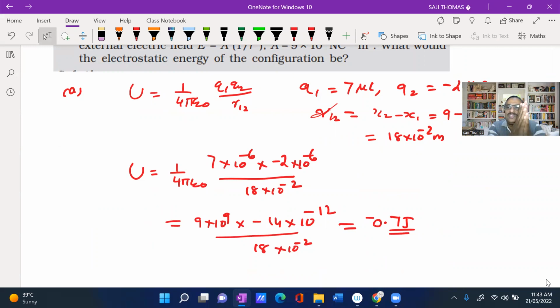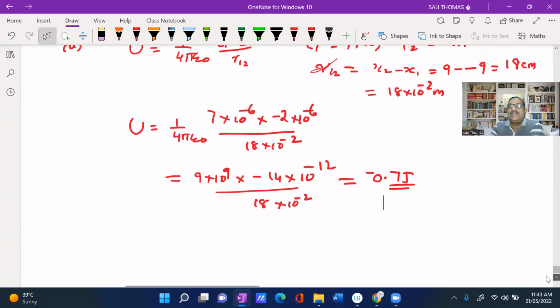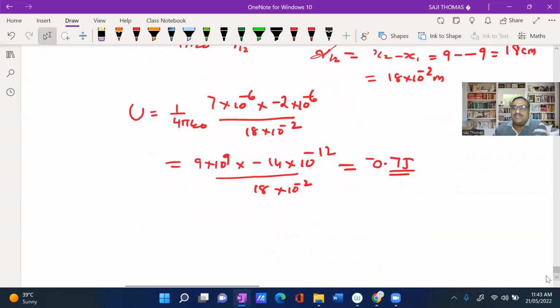So the potential energy of the system of two charges we found is minus 0.7 joule. Now you are moving them away, so you have to do opposite work. So it will be the negative of this work. So the answer to part B, the work required to separate the two charges to infinite separation, is just the opposite sign.